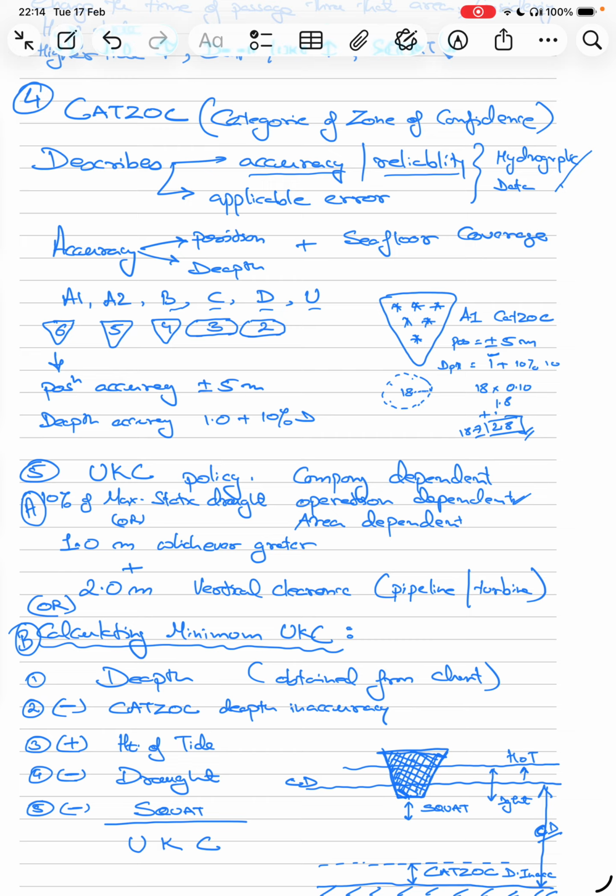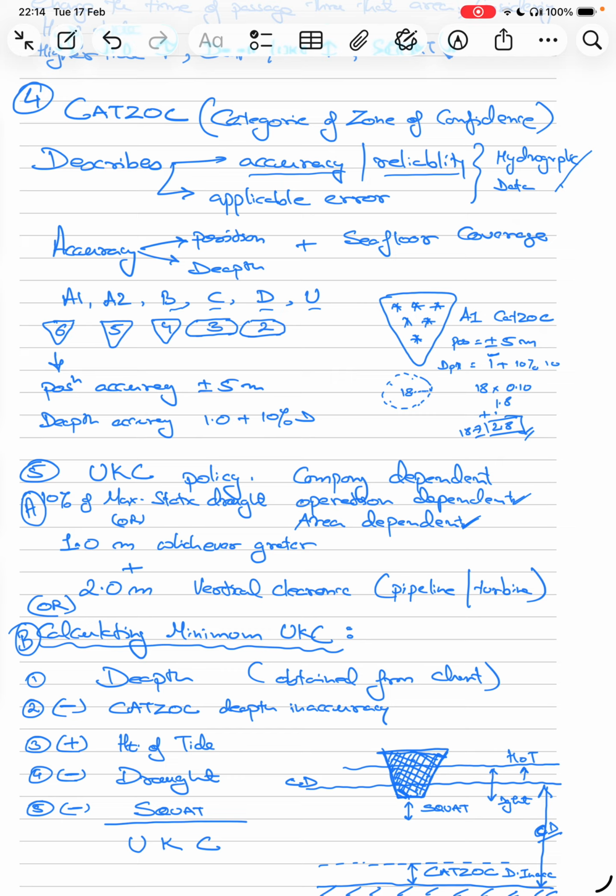It can also depend upon the kind of area. For example, vessels in the offshore field are supposed to have a different UKC policy. Inside the offshore field, mostly at an average, we can consider UKC policy as being 10% of the max static draft or 1 meter, whichever is greater.